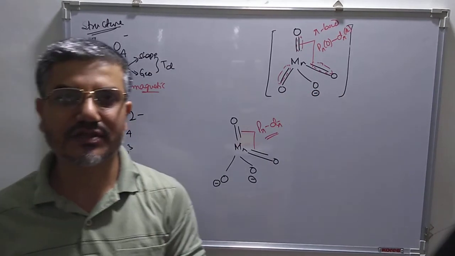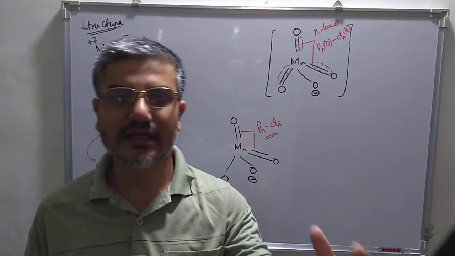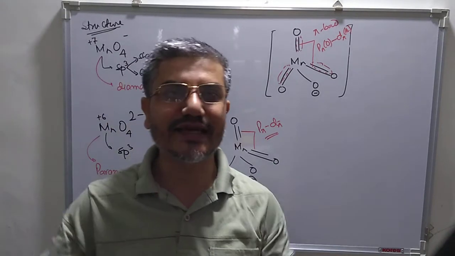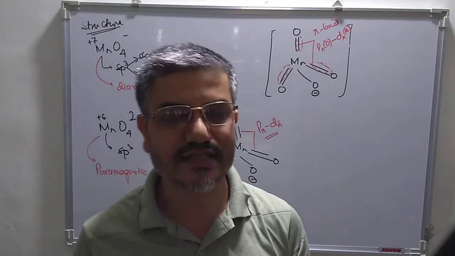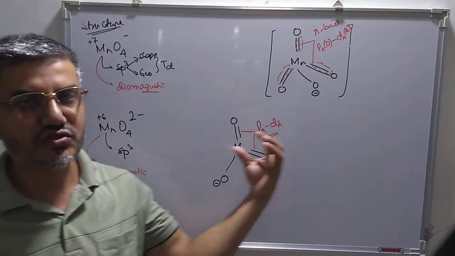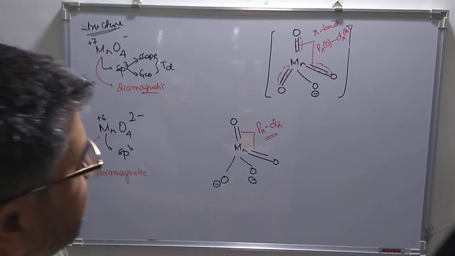So this single electron undergoes excitation, de-excitation, resulting in the release of energy which falls in the visible spectrum, giving rise to intense color. So simply saying, the color of oxoanions containing d0 electrons is due to the charge transfer mechanism. So these are the structures.